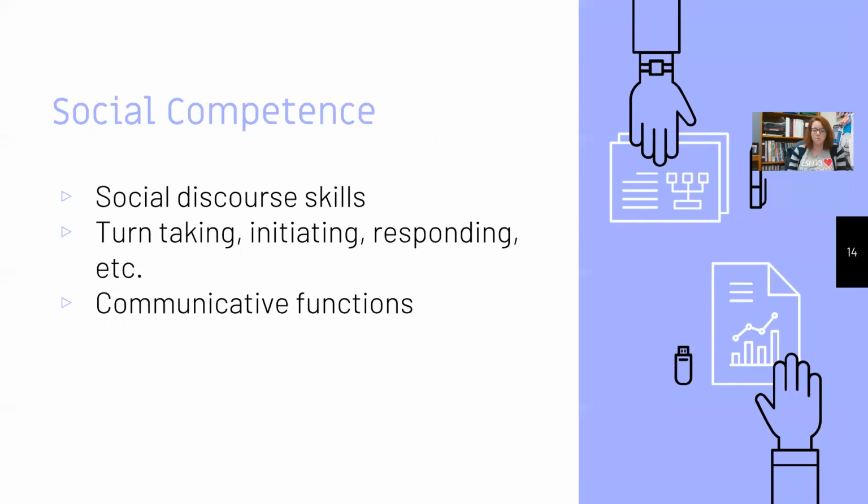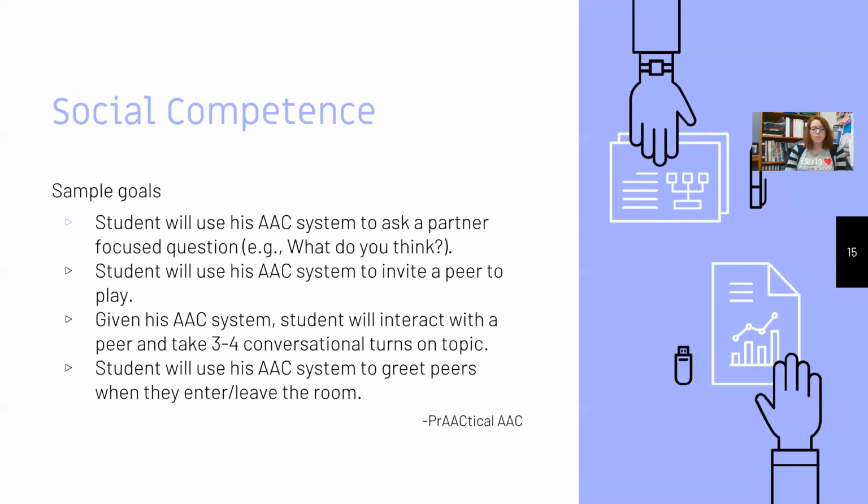Can they comment on somebody's feelings? And knowing all of those pragmatic kind of skills that we try to teach kids. Some sample goals for social competence, using an AAC system to ask a partner-focused question. And I'll talk more about partner-focused questions as we go on, but asking somebody what they think or how does that make you feel.